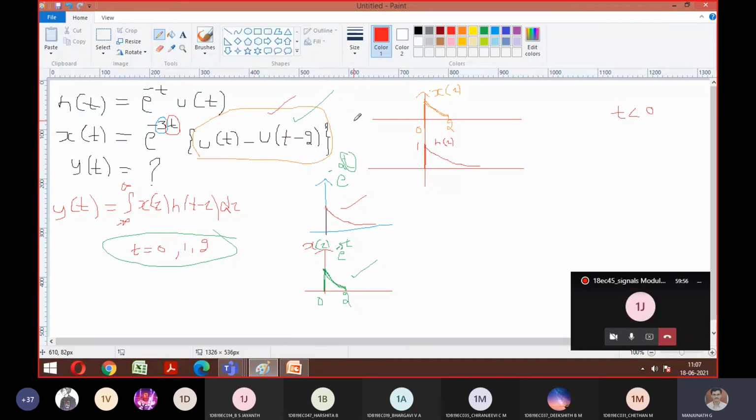Do you think any overlap exists towards that side? No, sir. So you got one idea: don't waste your time by considering negative values. Your idea should be that t is greater than 0 only. I hope you got the first point. Is it okay, guys? Yes, sir.